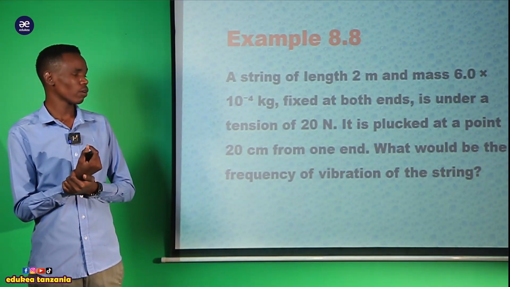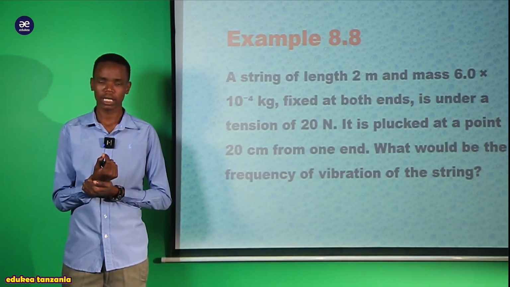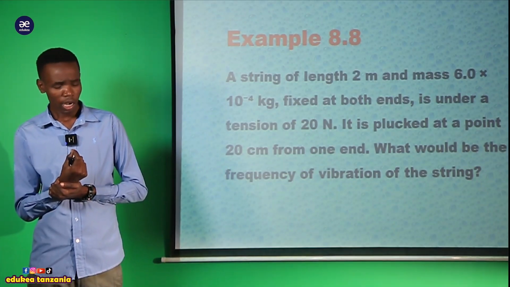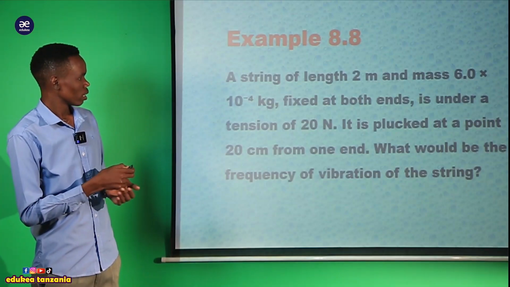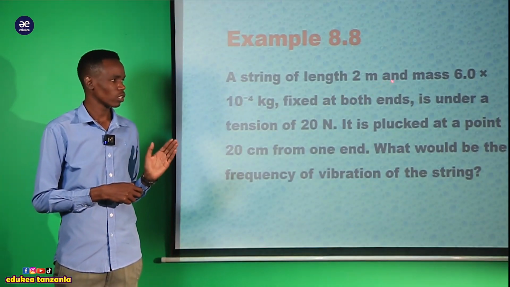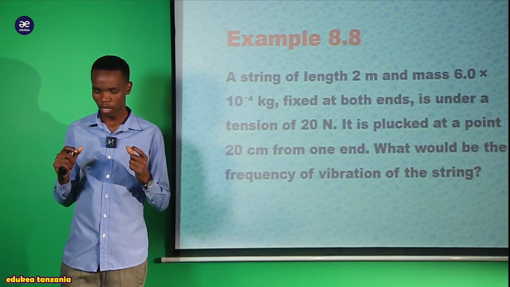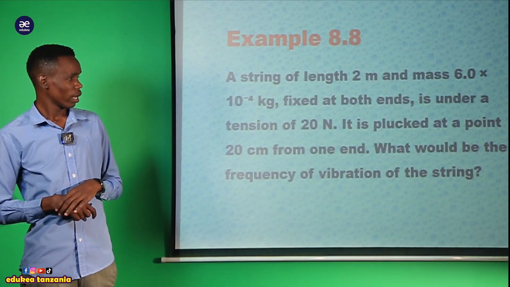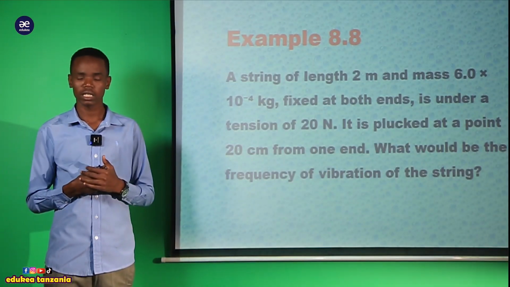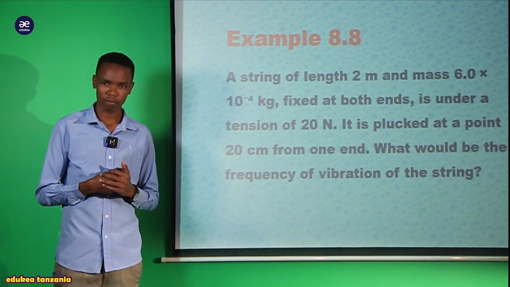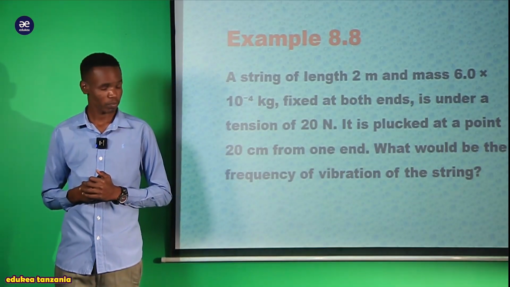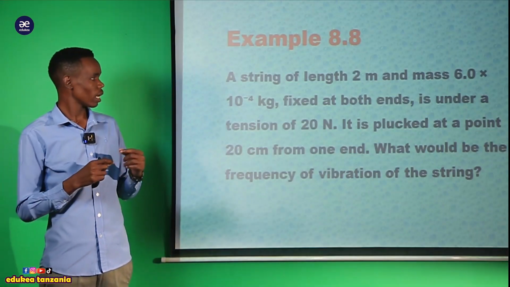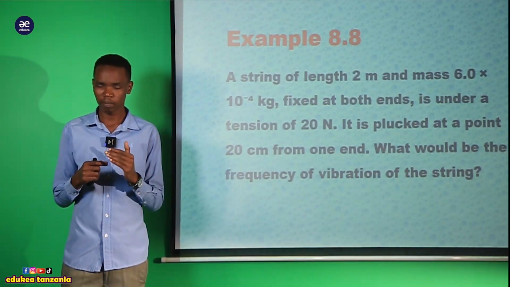As we observe our example number 8, the example says that we have a string of length 2 meters, and it has a mass of 6.0 × 10^-4 kilogram and is fixed at both ends.